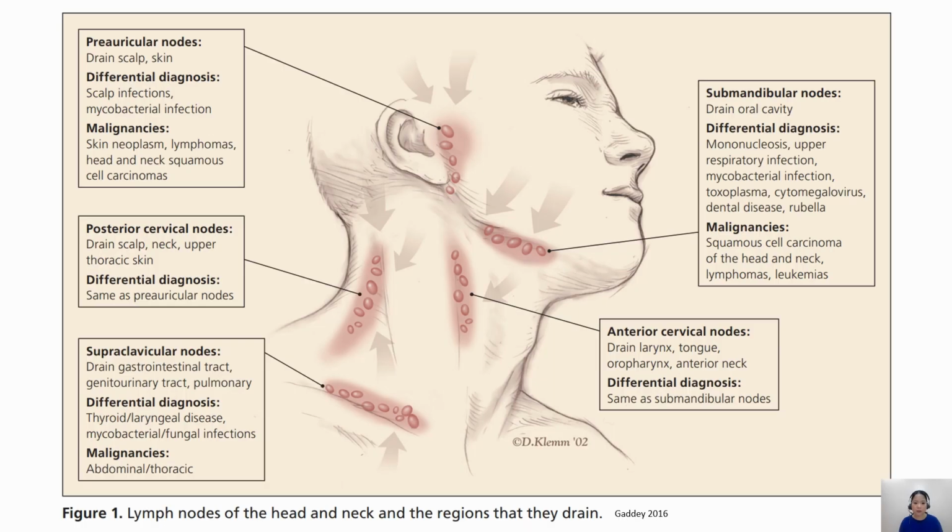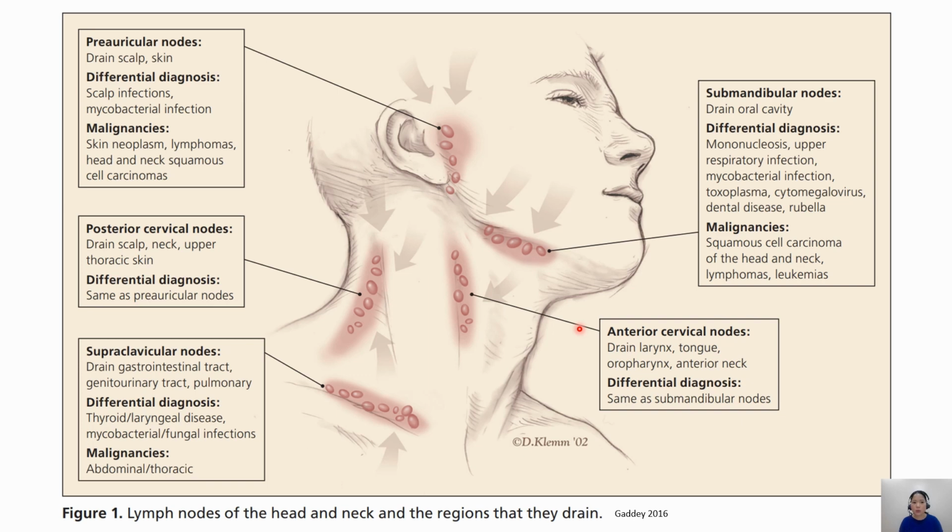Aside from lymph node characteristics, we also have to assess the lymphatic drainage. This picture denotes the lymph nodes of the head and neck, as well as the regions that they drain and some associated diseases. We have the preauricular nodes, posterior cervical, supraclavicular nodes, the submandibular nodes, and the anterior cervical nodes.